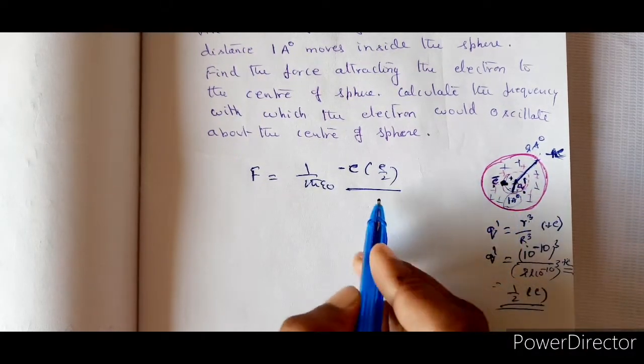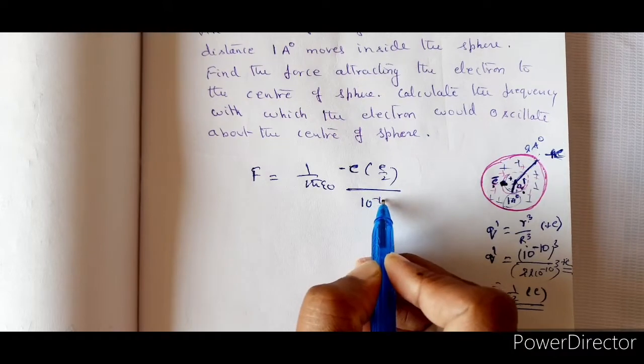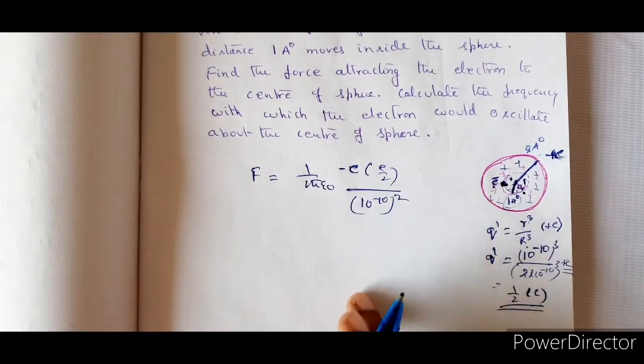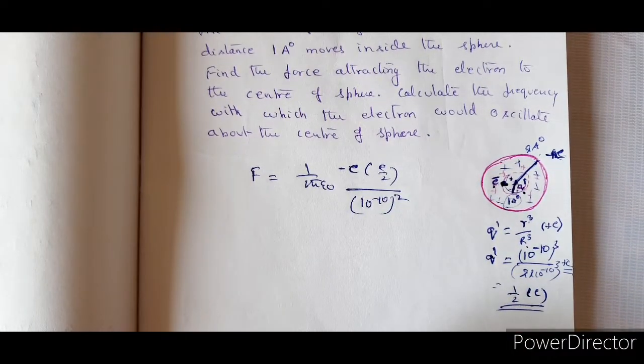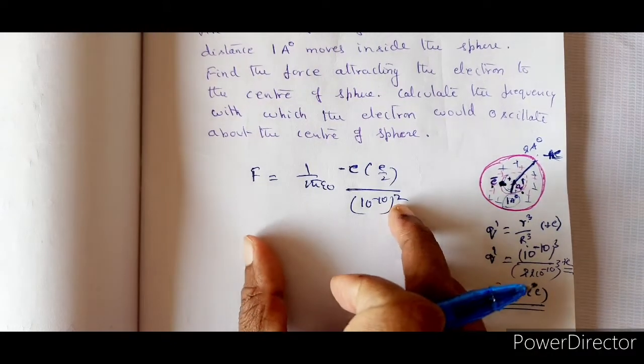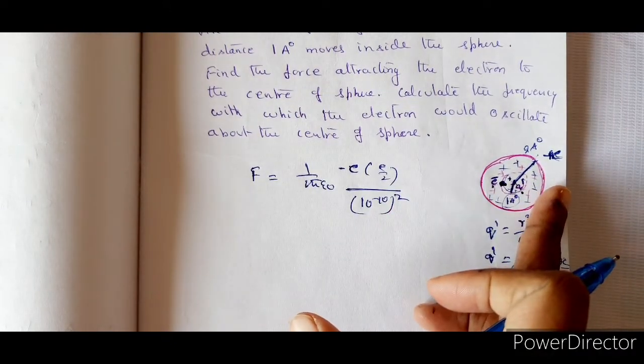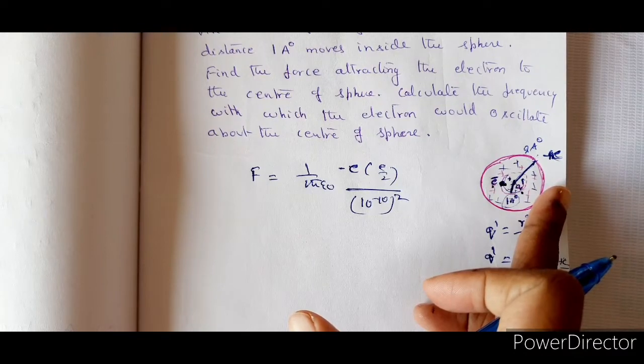What is the distance? It is 1 angstrom, that is 10 power minus 10 whole square. So this is the force which is acting on this.